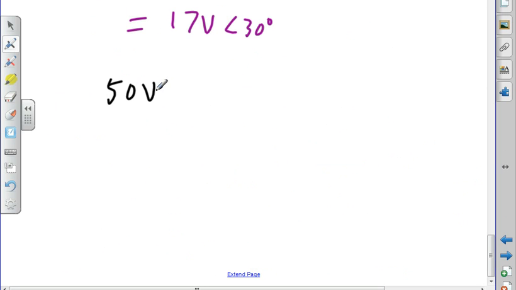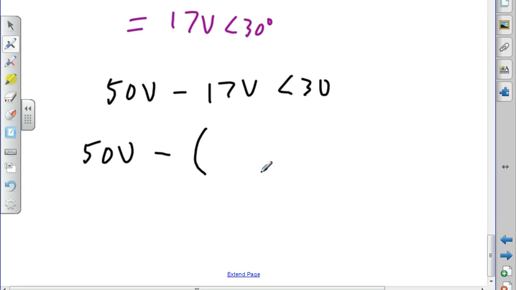Okay, now we want the voltage across the parallel path, so we're going to want 50 volts minus 17 volts, angle 30. So that's going to be 50 volts minus, we're going to go 17 cosine of 30, 14.7, plus 17 sine 30.